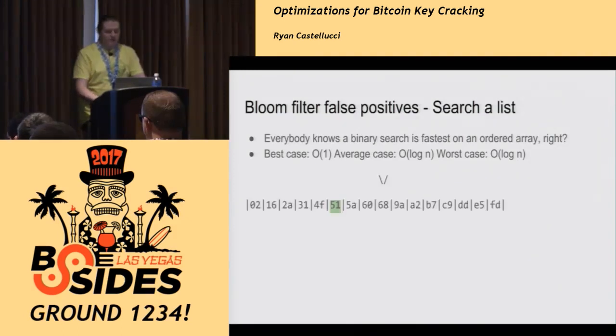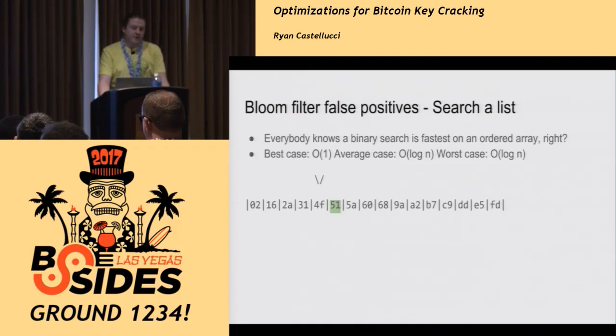If you don't know what a binary search is, here's a quick walkthrough of one. You seek to the middle. That was too high, so we'll seek to the middle of the first half. That's too low, so we seek to the middle of the second quarter. And that's too high, and then we seek to the beginning of the third eighth, I believe that is.